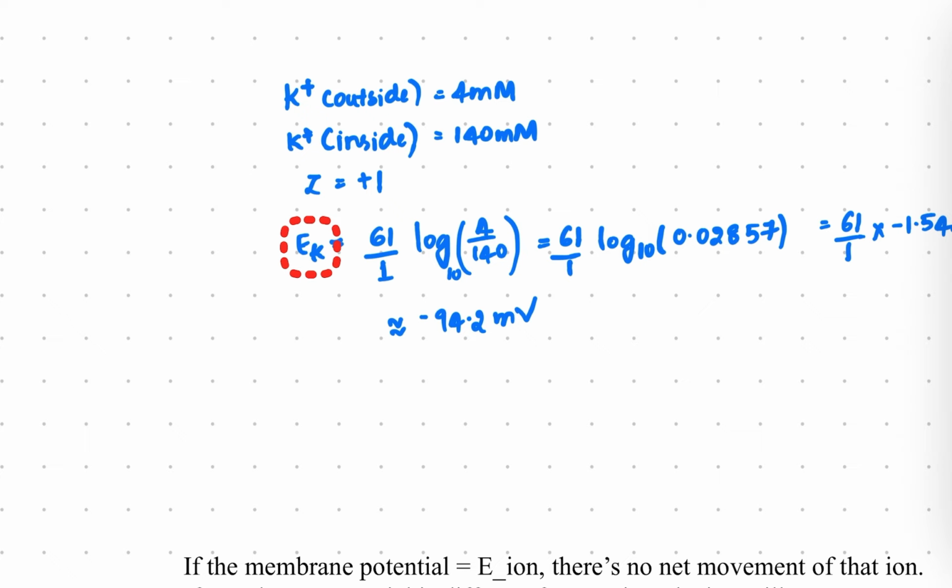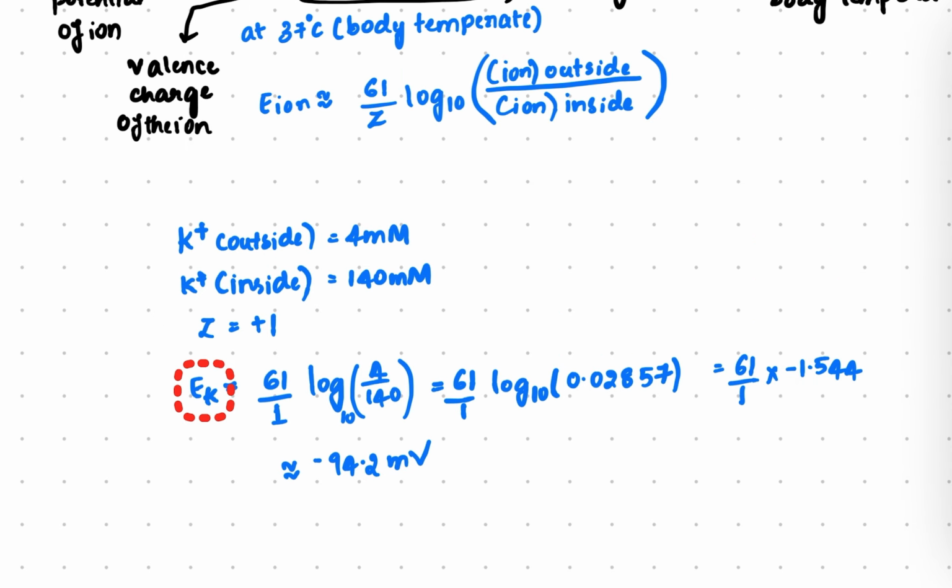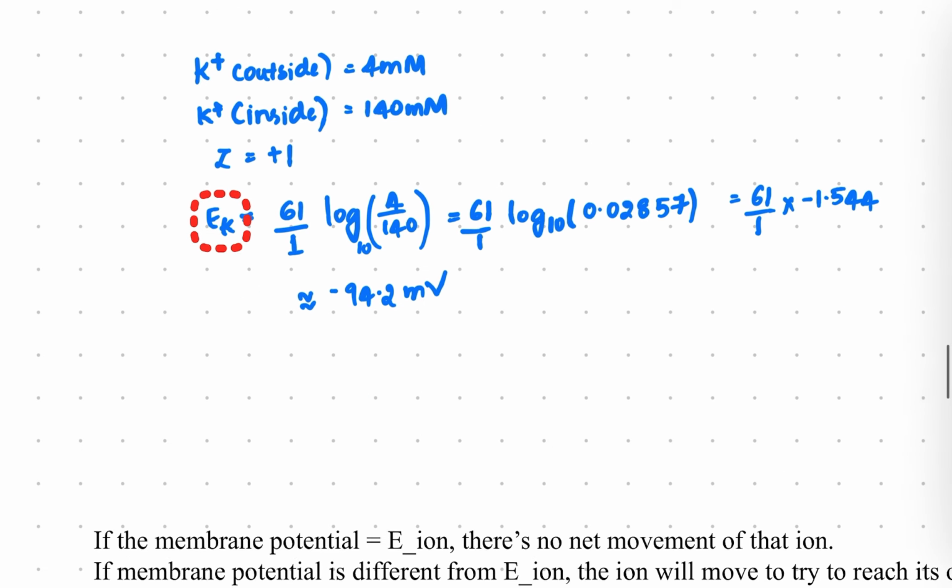So the equilibrium potential of potassium is 61 by 1 log 10 of 4 by 140, outside by inside, which is 61 by 1 log 10 of 0.02857. It gives 61 into minus 1.544, nearly equal to minus 94.2.